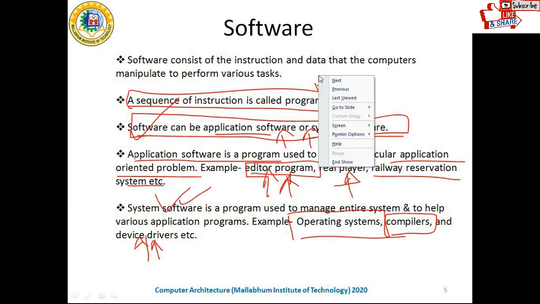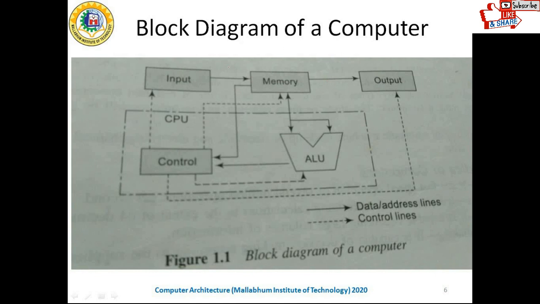Next, this is the block diagram of the computer. You can say this is the data line, this is the control lines. So this is the CPU. CPU obviously consists of the control unit and the ALU, the arithmetic logic unit. The control unit provides the different kinds of signals, and the ALU is connected with the memory, because without data it cannot perform any kind of operation.